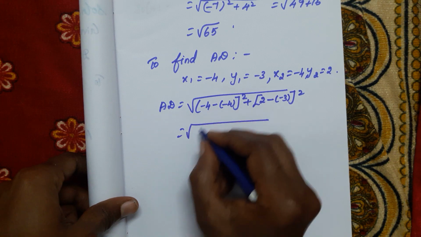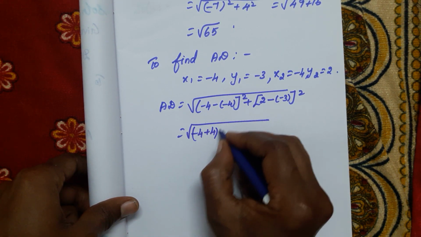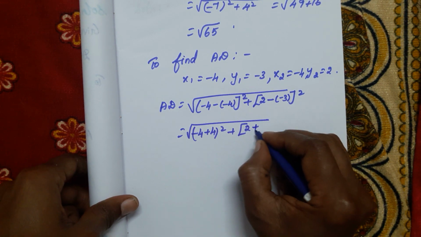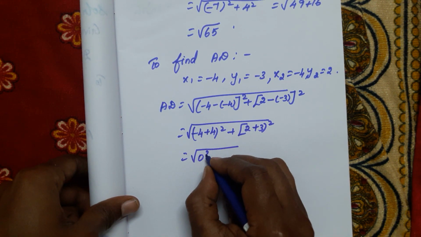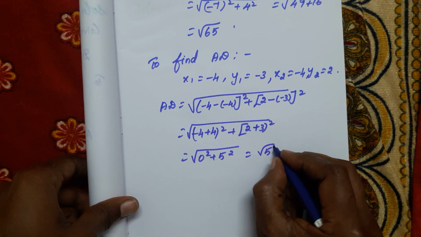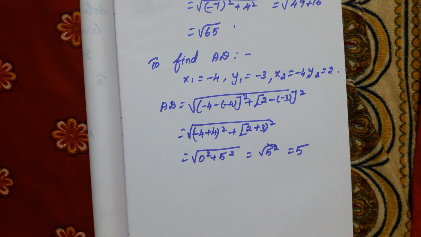It's equal to root of (-4 plus 4) the whole square plus (2 plus 3) the whole square. It's equal to root of 0 square plus 5 square. It's equal to root of 5 square. It's equal to 5. AD is equal to 5.